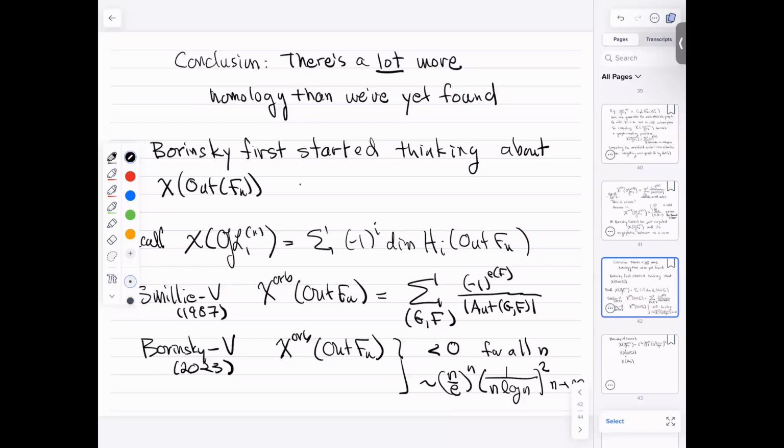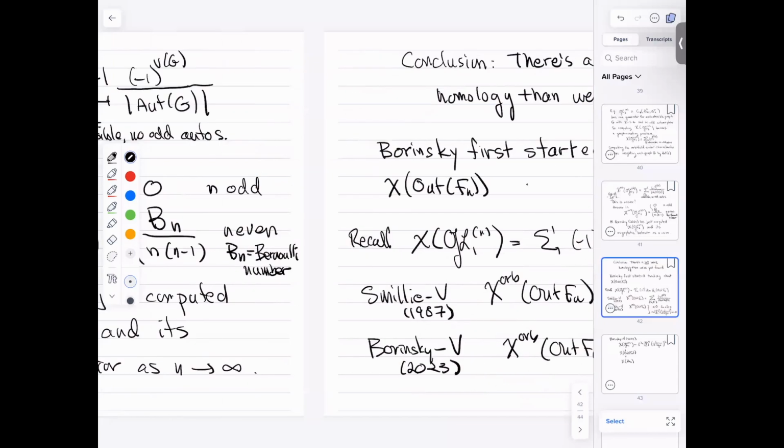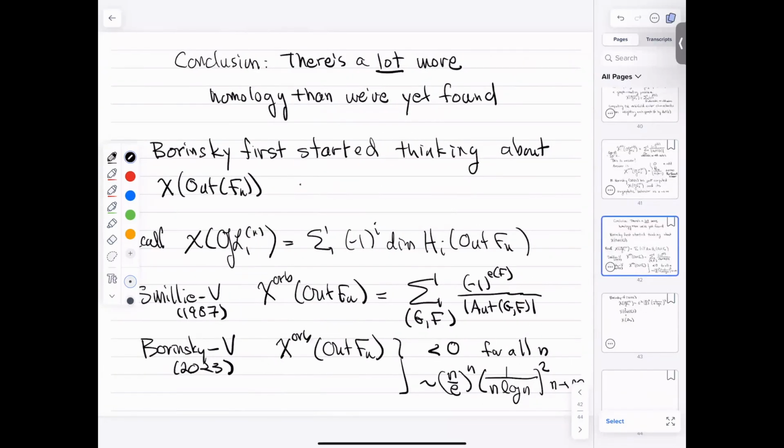An interesting fact is that the homology of Out(Fn) is isomorphic to the homology of Out(Fn+1).